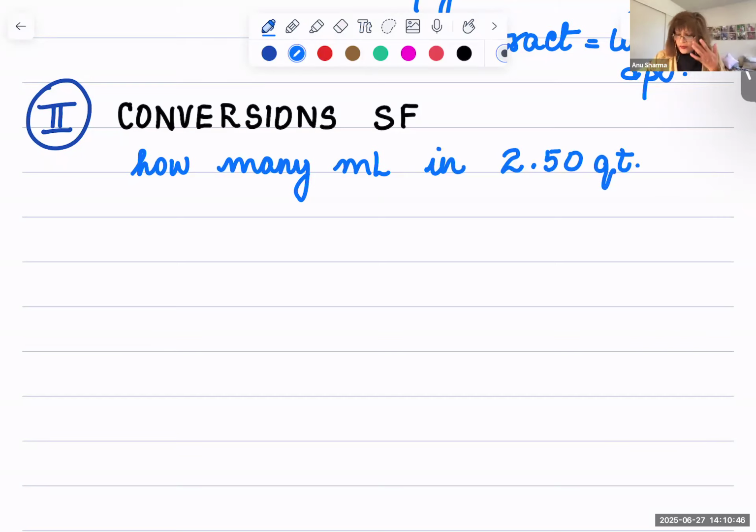Okay, 2.50 quarts conversions. Here you are going to look at the table on your own. I may give the direct conversion, but I've given you the conversions here. So quarts and milliliters. 1 quart is equal to 946 milliliters.